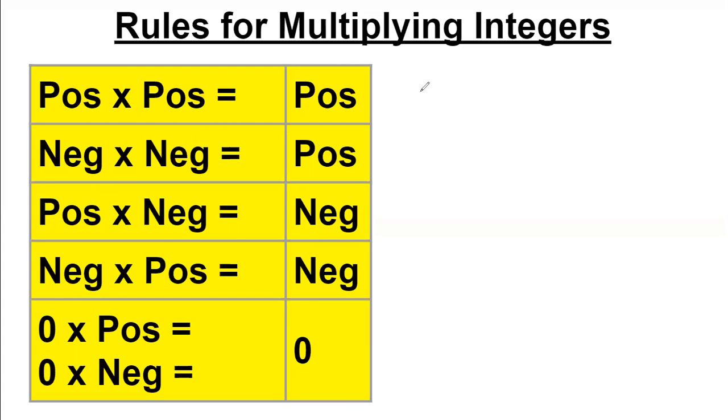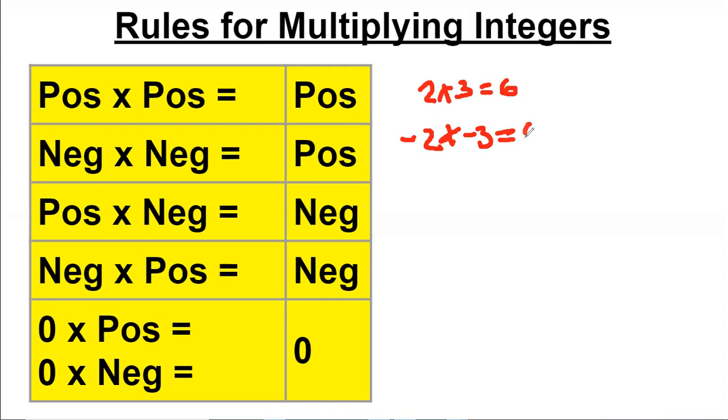So for example, if I did 2 times 3, they're both positive numbers, I will get a positive answer of 6. If I have two negatives, negative 2 times negative 3, I will get a positive answer of 6. It's different than adding and subtracting. If I have one positive times one negative, I get a negative answer, negative 6.